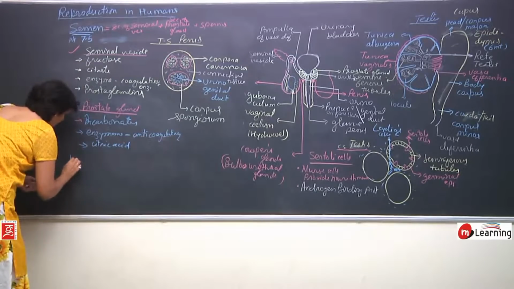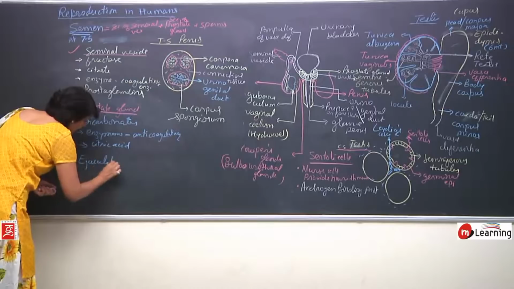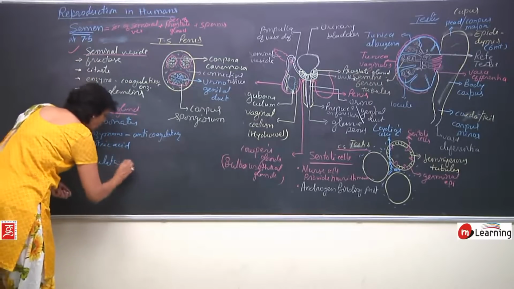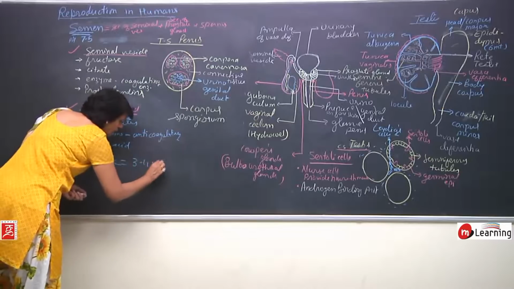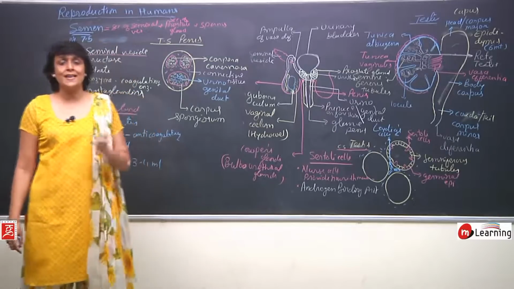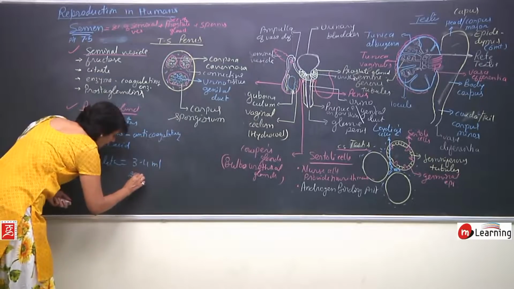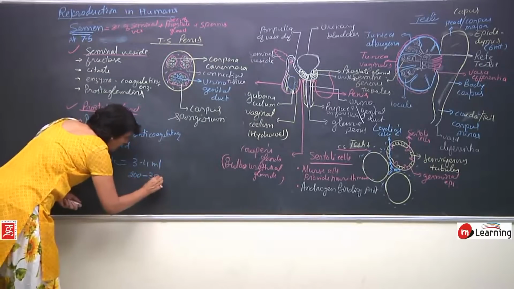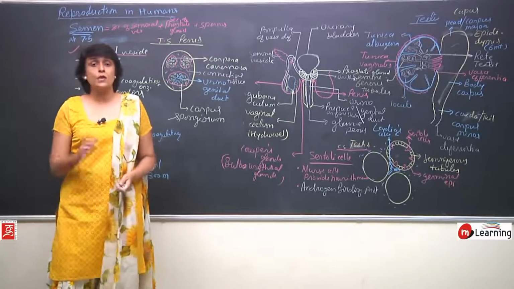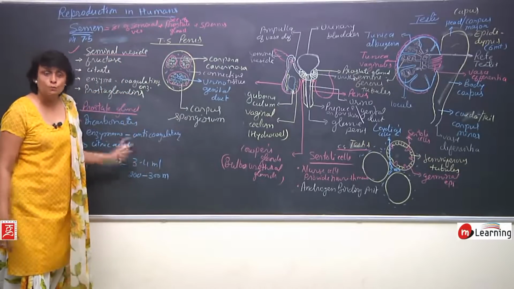One ejaculate, that means once when the semen is released, the volume is about 3 to 4 milliliters, and the number of sperms present in this 3 to 4 milliliters is 200 to 300 million. These many sperms are produced in one ejaculate.